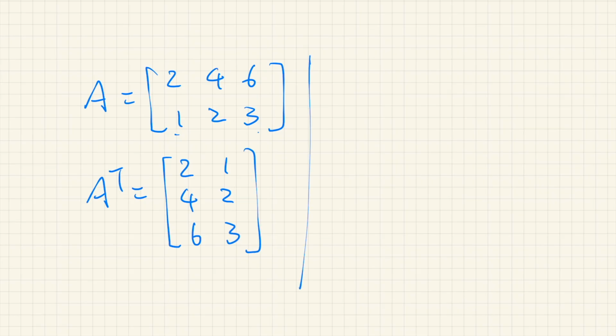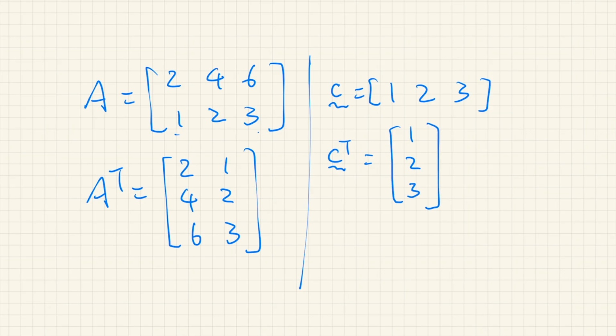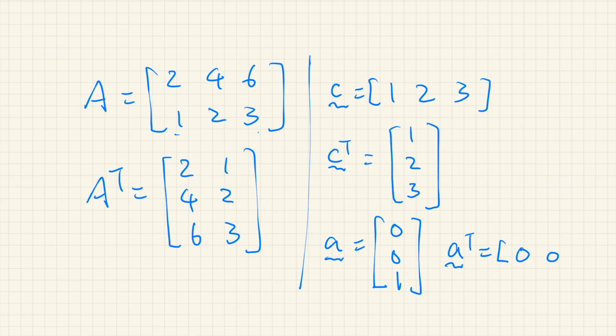Another example: if we have a row vector, let's say C, 1, 2, 3, its transpose is a column vector 1, 2, 3. And if we have a column vector, let's say A is 0, 0, 1, then its transpose is a row vector 0, 0, 1.